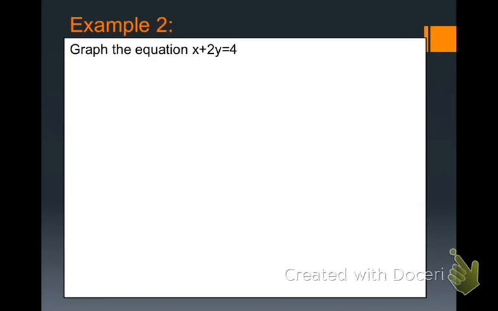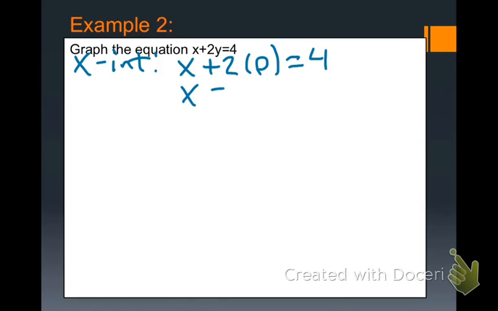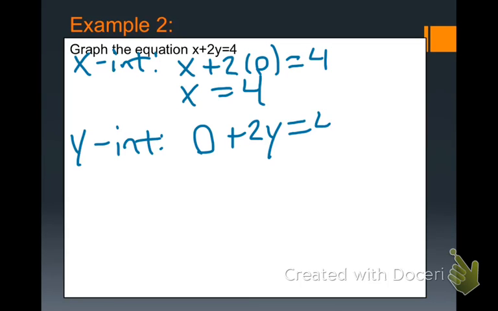So I'm going to start with the x-intercept. Again, make y 0, so x plus 2 times 0 equals 4. And 2 times 0 is just 0, so you're left with x equals 4. So that's our x-intercept. And then for our y-intercept, we're going to make x 0 and solve for y.